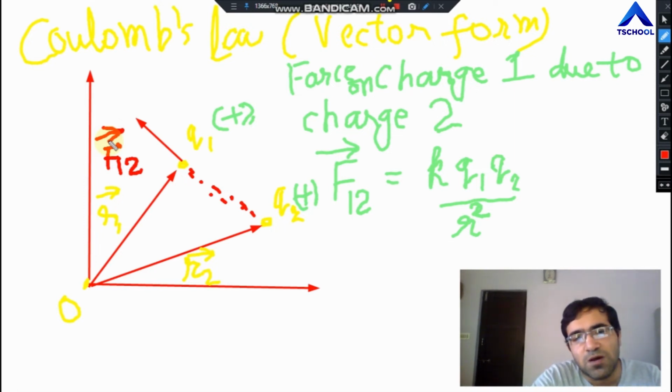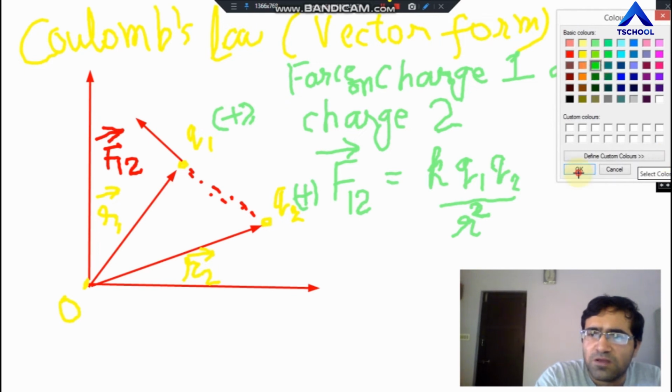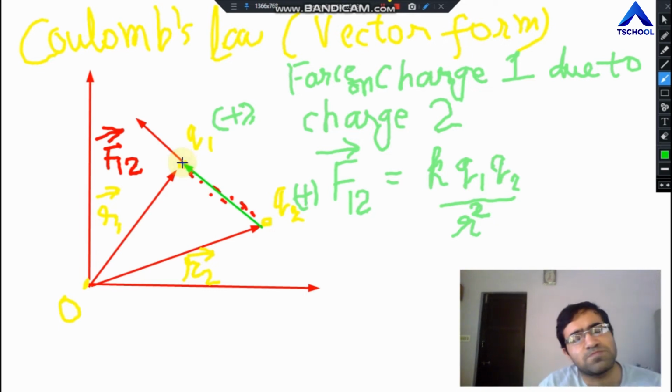Now I should specify a way to write the direction of this vector, F12 vector. So how can I do that? Well, I can see that this vector is just in the same direction as this vector is. That's interesting.